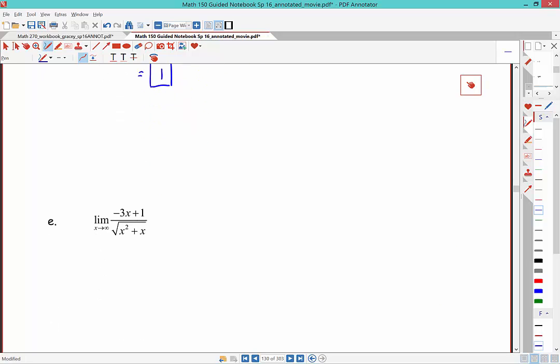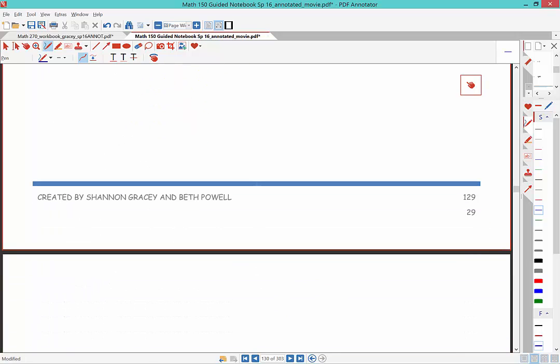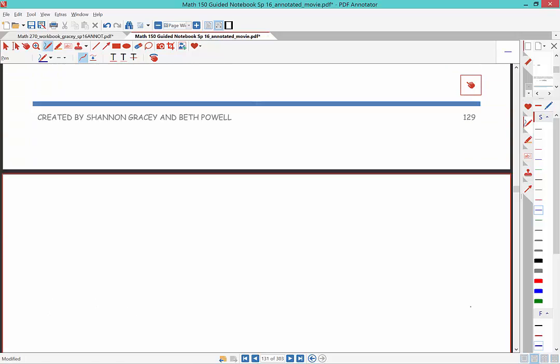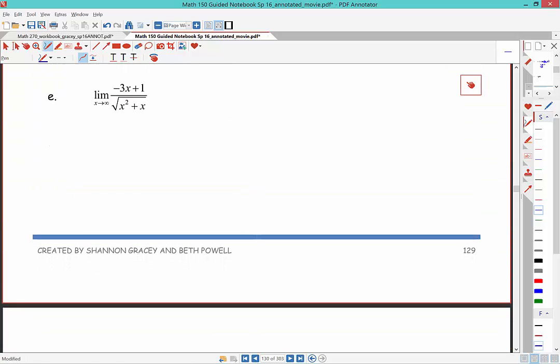Okay. So now for this one, there's a little bit of a trick here. One thing that you're going to want to remember is that the square root of x squared is equal to the absolute value of x, okay? This is something that you're going to want to take note of when you're looking at this limit here.